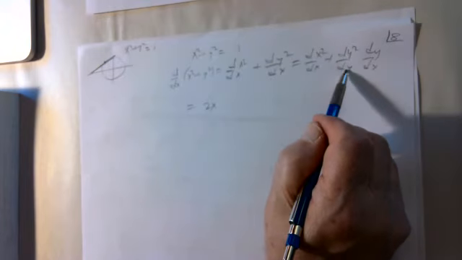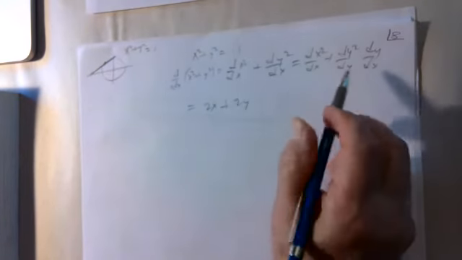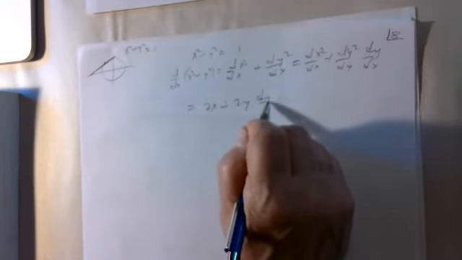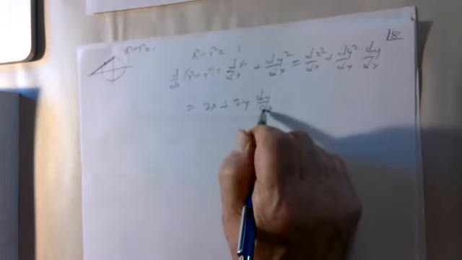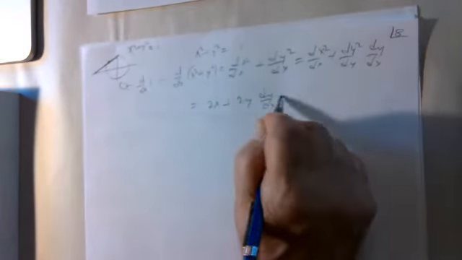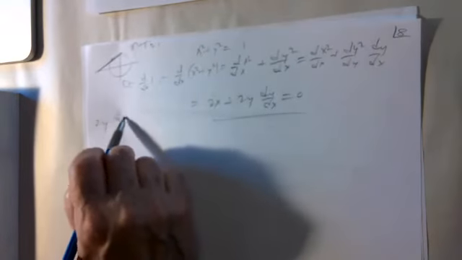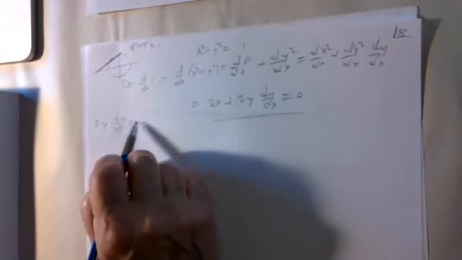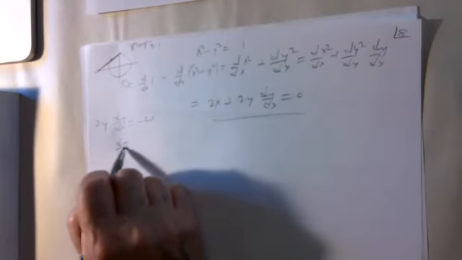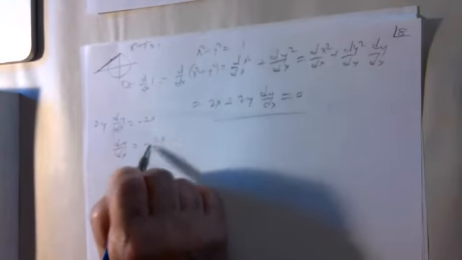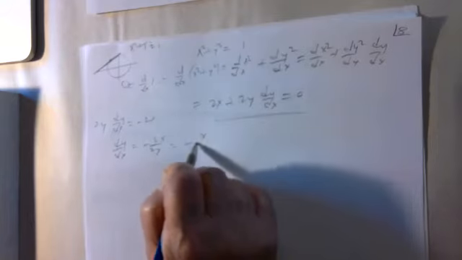The derivative of y squared with respect to y is 2y times dy/dx. This is the unknown. That's what we want to find. On the other hand, x squared plus y squared is 1. So the derivative is the derivative of the constant function 1, which is 0. So 2x plus 2y dy/dx equals 0, so 2y dy/dx equals minus 2x. dy/dx is minus 2x over 2y, or minus x over y.